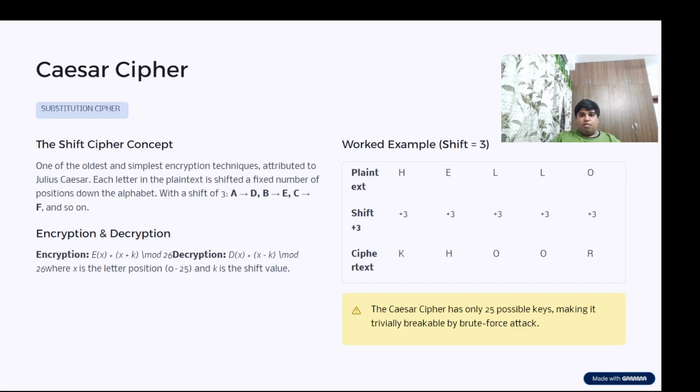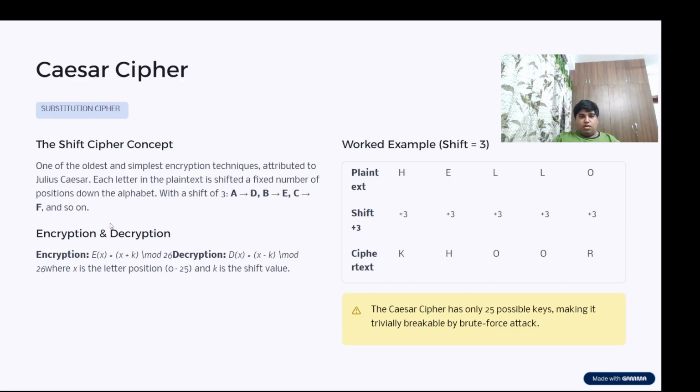For example, take the word HELLO with a shift of three: shifting each letter by three positions gives the ciphertext KHOOR. Here we consider the ordering where A is 0, B is 1, and so on.